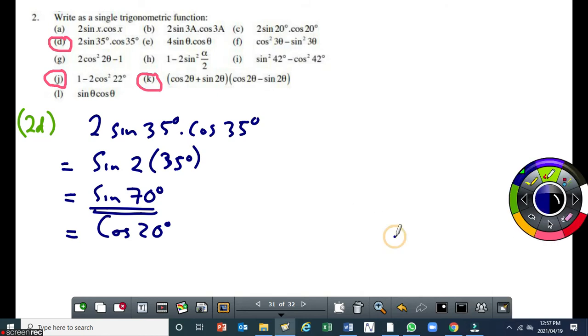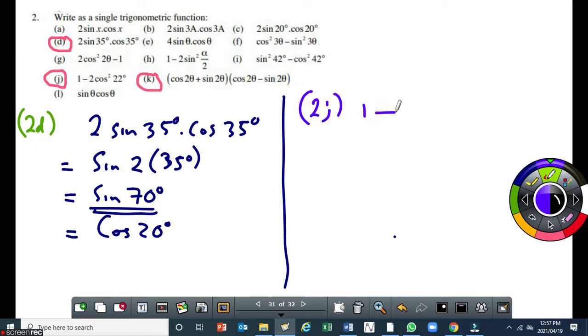So let's move on to 2J. I'm going to do it on the side here. I'm going to use a different color. We have 1 minus 2 cos squared 22 degrees.